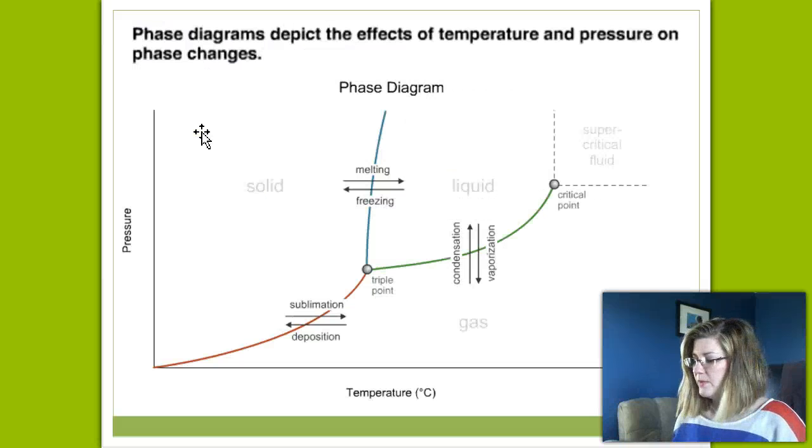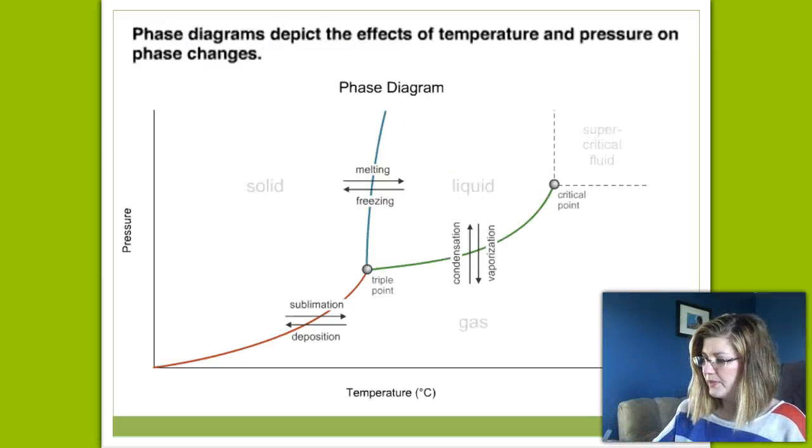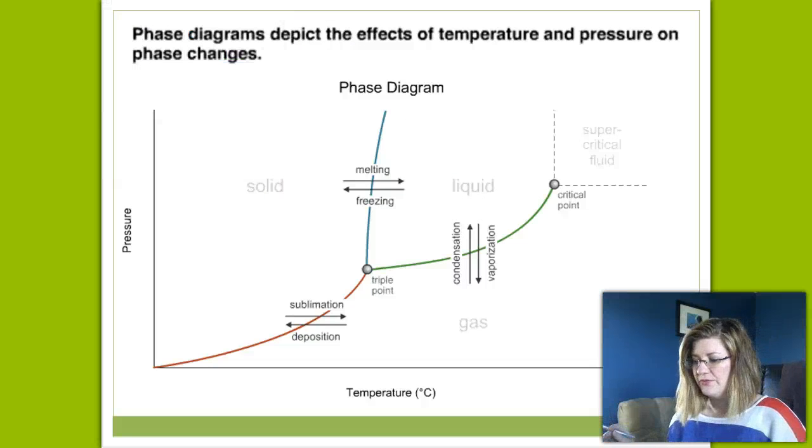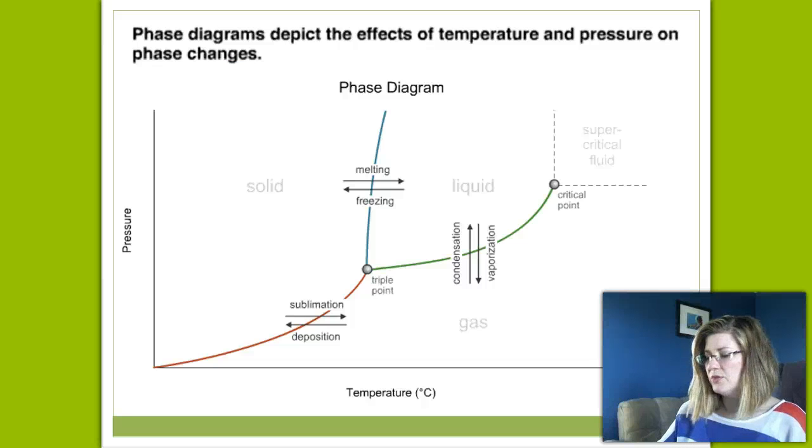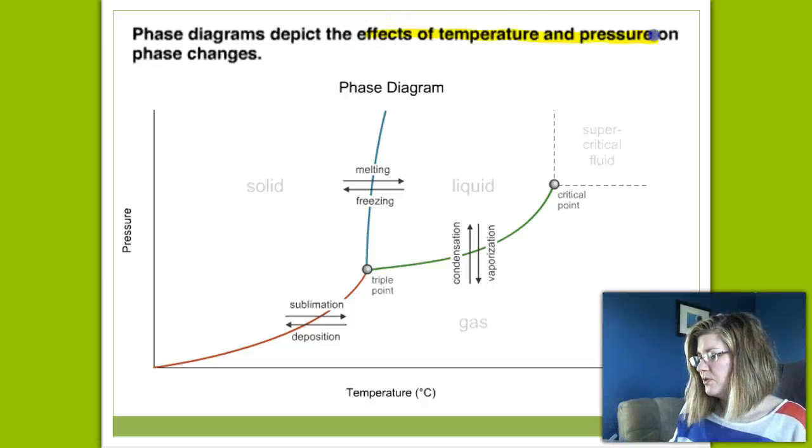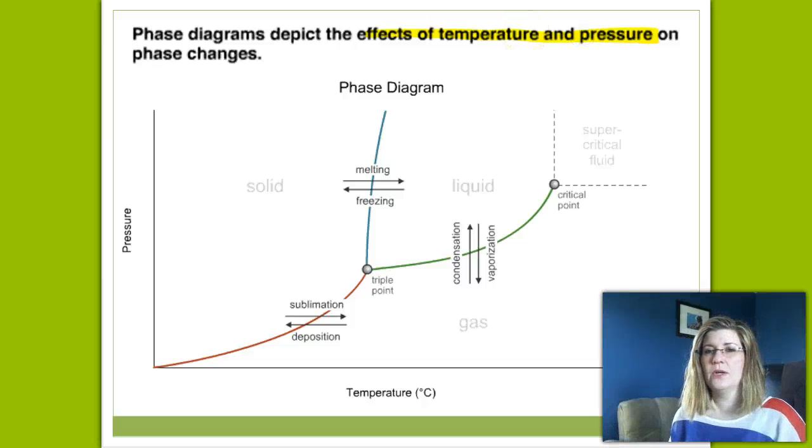Understanding them, interpreting them, knowing what they mean and what they do. We're going to start here with a general phase diagram. This is not of anything in particular. What we want you to realize is that it tells us the effect of temperature and pressure on phase changes. So primarily using phase diagrams, we can determine at what temperature and pressure water, for example, will be a solid, a liquid, or a gas.